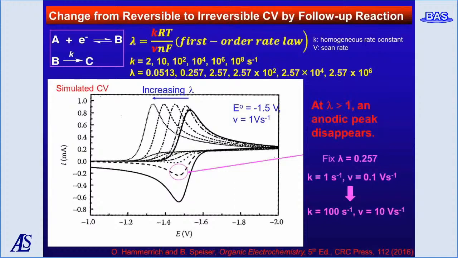However, if the reaction rate constant becomes 100 per second, 100 times larger than the previous one, then a scan rate of 10 volt per second is required to obtain the small reverse anodic peak.